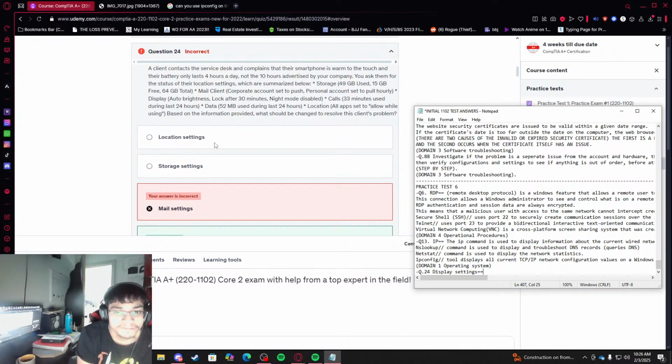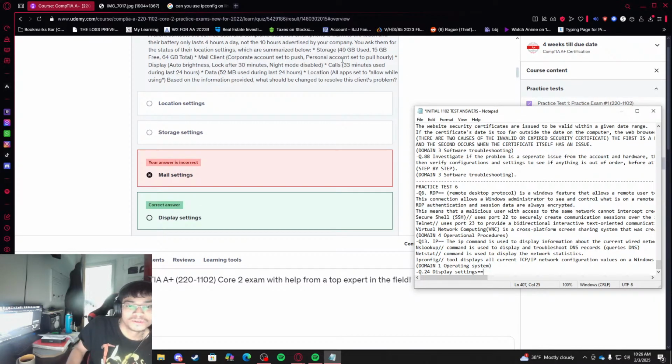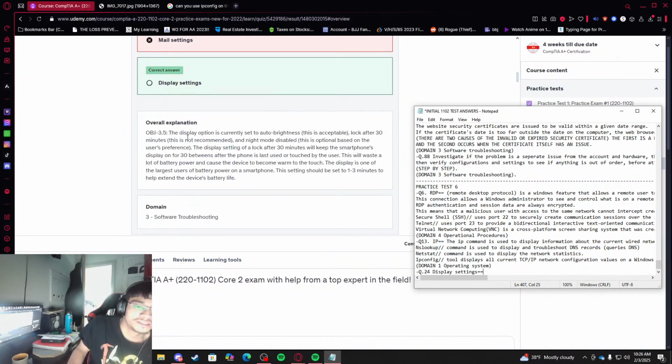Storage settings doesn't really drain batteries. I thought it was mail settings because it will push hourly, or the personal account pulls new mail every hour. But common sense tells me, yeah, display settings. Now that I'm reading it.